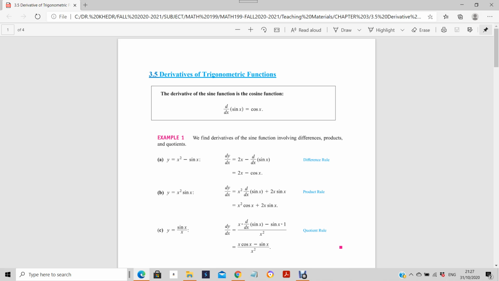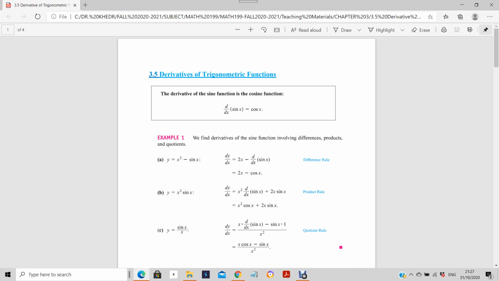So the derivative of y will be the derivative of x squared minus the derivative of sine x. The derivative of x squared is 2x, by using the power rule. And the derivative of the sine function is the cosine function. So the answer will be 2x minus cosine x.